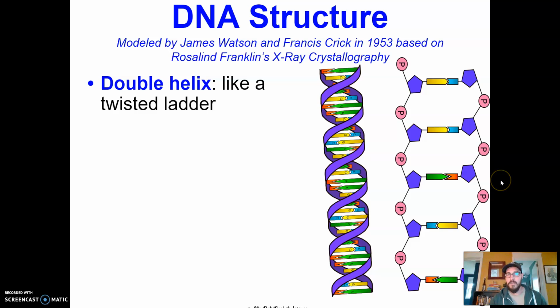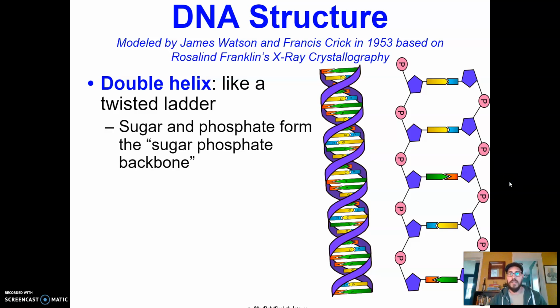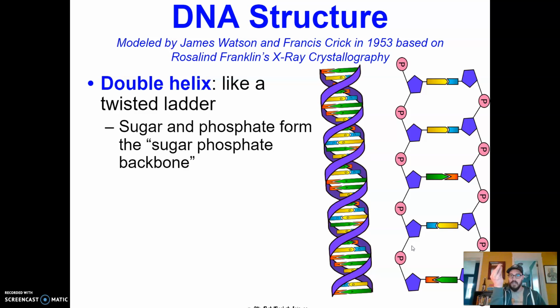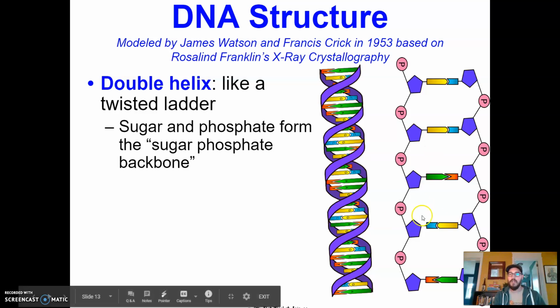So you've probably heard this before. DNA is shaped like a double helix, which is basically just a twisty ladder. So if you look here, you have your twisted up DNA, and then over here, you have it untwisted, so it's nice and flattened.